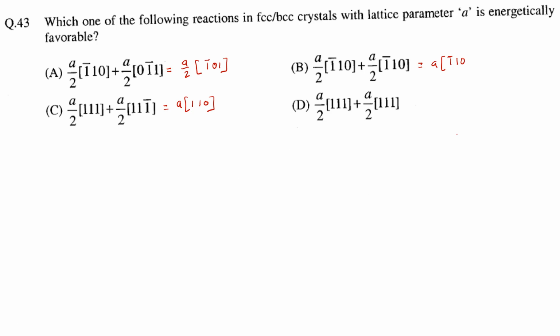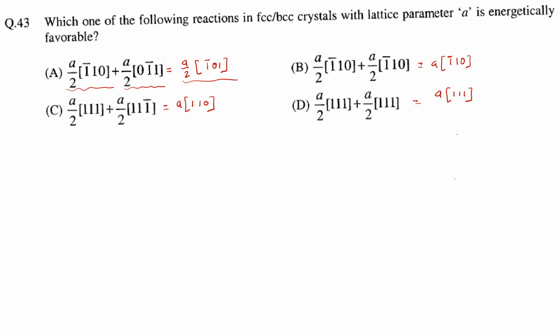And [1 bar 1 0]. Here it will be option D, so it is A [1 1 1]. We know all of these correspond to the Burgers vector.